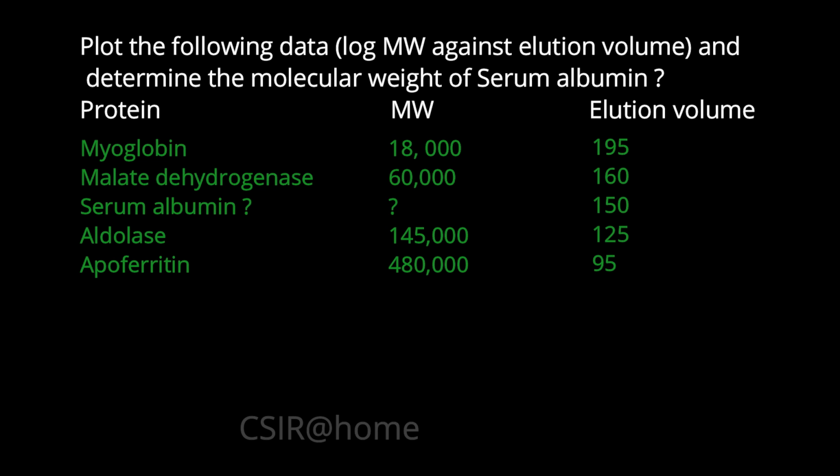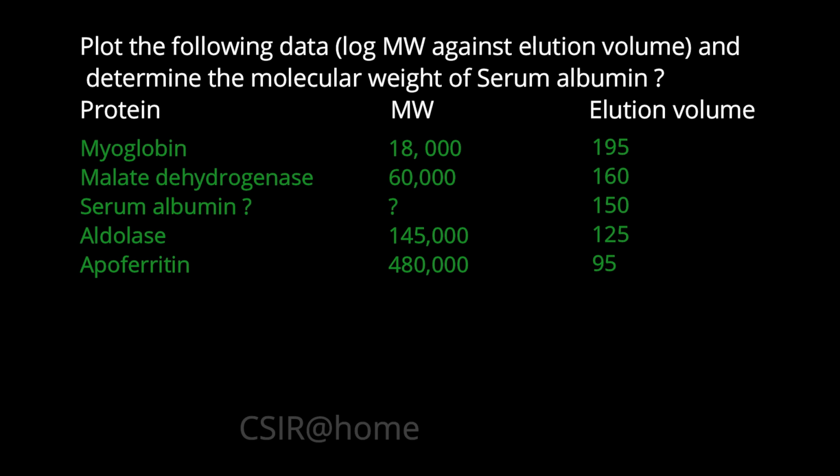Here we have to calculate the molecular weight of serum albumin. For serum albumin, elution volume is provided, that is 150. We have to find out the molecular weight of serum albumin. What we have to do? First, plot the graph. X-axis elution volume, y-axis log value of molecular weight.